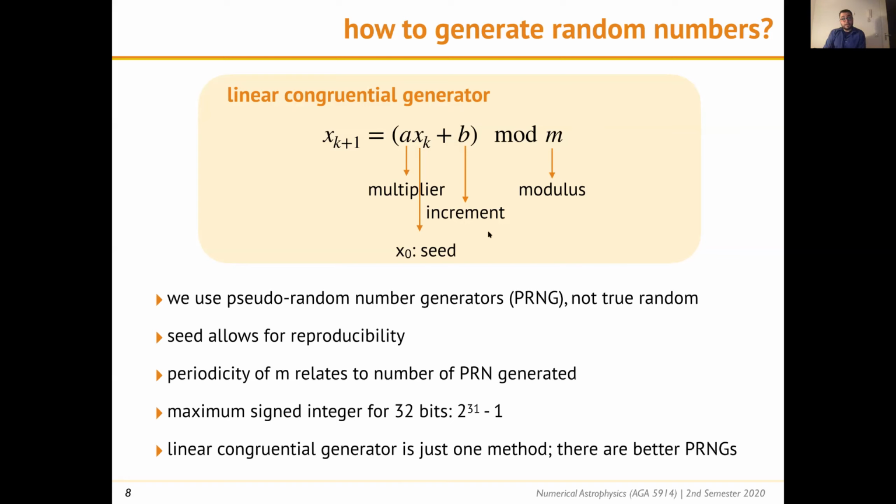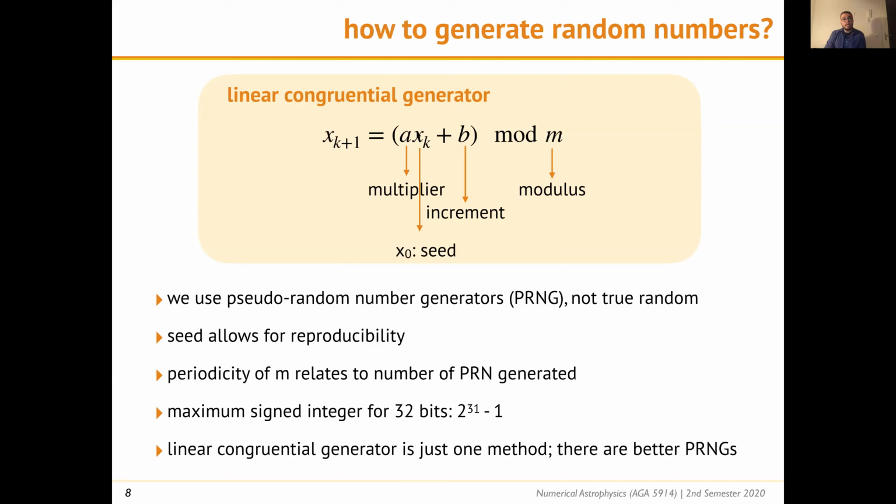We're coming back to Monte Carlo simulations soon. At the moment, you don't need to know how to do Monte Carlo things. You just need to know that it relies on random numbers, and that random numbers usually are associated with a seed: the x_0, the first one that defines all the subsequent random numbers. This seed essentially allows for reproducibility. For a given seed, the same numbers will be generated in the same order.